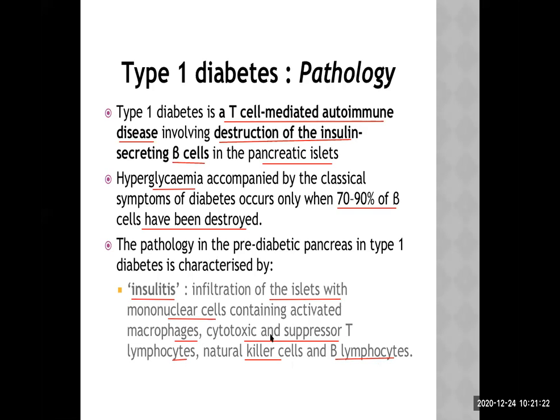So if you analyze, all of them are mononucleated cells. They have only one nucleus. That's why they are called mononuclear cells. And they are the chronic inflammatory cells. See here, macrophages, lymphocytes, okay, and NK cells, all of these. So in the beginning, there is insulitis. It's damage of the beta cells of the islets of Langerhans.